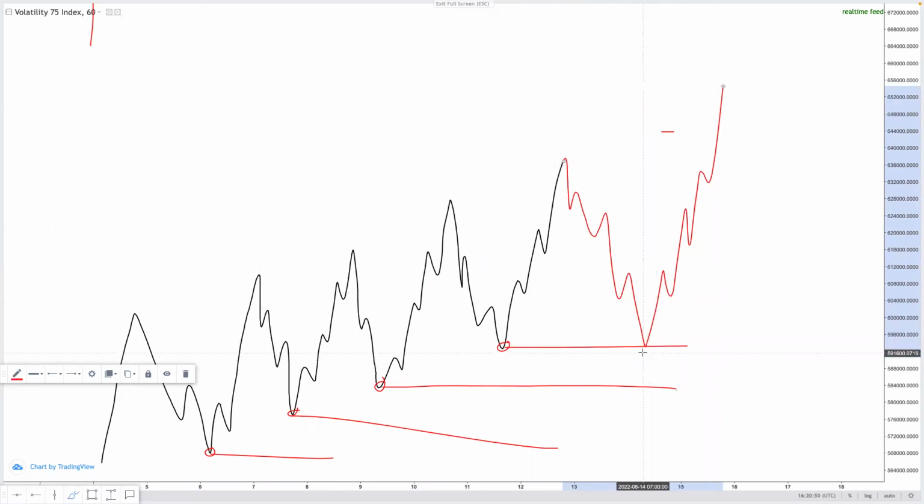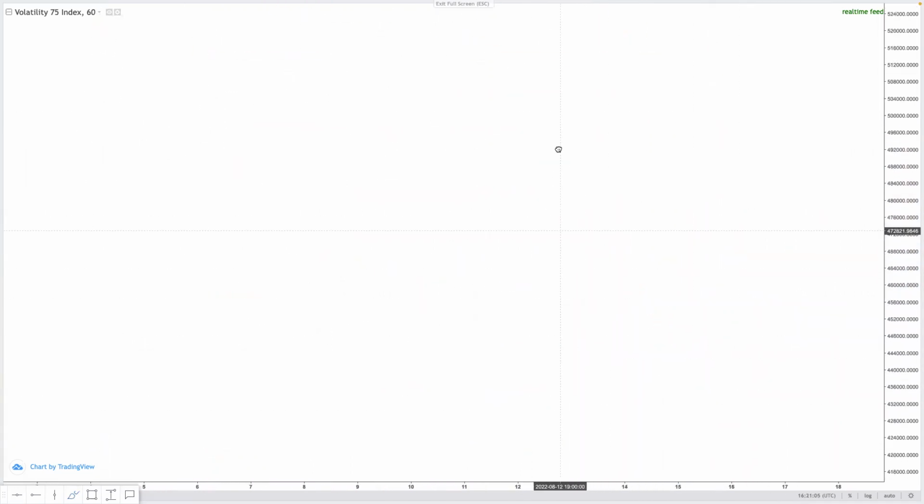So there are two types of structure retest. We have the main structure retest and we have the major structure retest. Right here, this is the main structure retest. And when you talk about the major structure retest, let me illustrate.